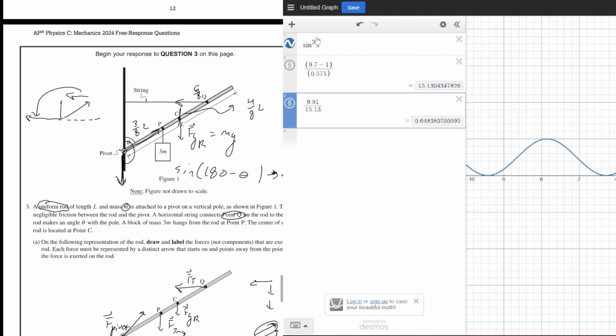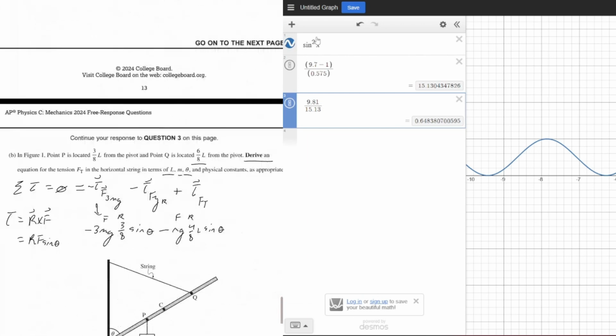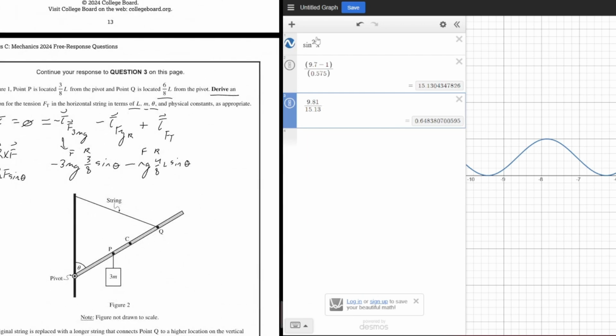What am I doing? So here's 90, here's theta. So this is sine of 90 plus theta. And that's not sine theta, that's cos theta. So instead of sine theta, since that is at 6/8 L, we're going to write plus Ft 6/8 L cos theta equals 0.